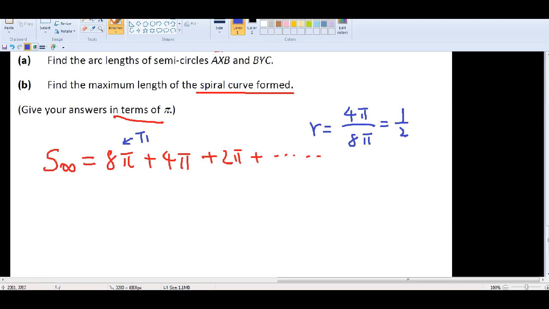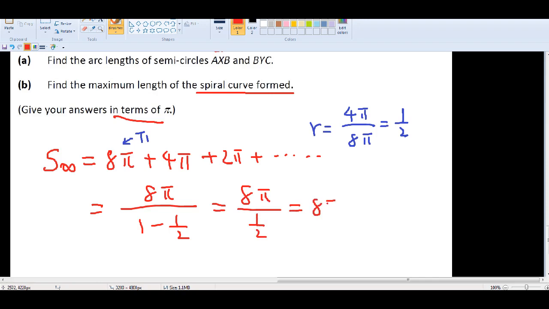The first term is already known, so we could use this sum to infinity formula. Okay, so you know how to do it. 16 pi cm. I think that will be our answer, right?